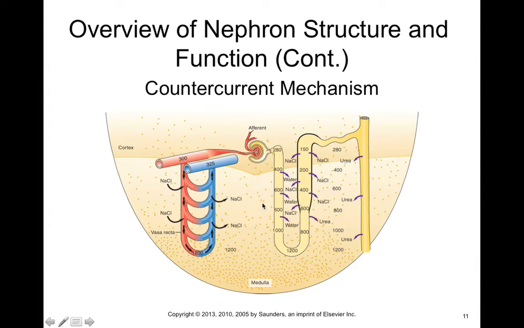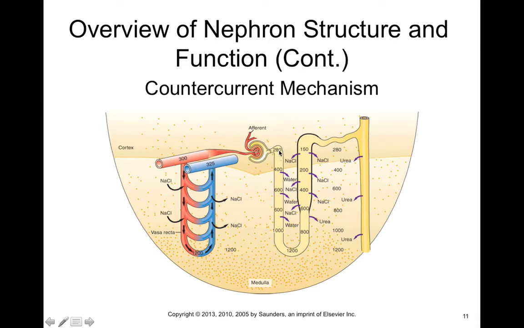In fact, if you look here in the medulla of your kidney, you'll notice that all these little dots represent the number of solutes, and you'll find that as you get deeper and deeper in the medulla, the solute concentration increases. The reason you have a high concentration of solutes here in the medulla is that we use ATP to pump out sodium and chloride into that medulla, and that sets up an osmotic gradient, which allows you to reabsorb water from the descending nephron loop.